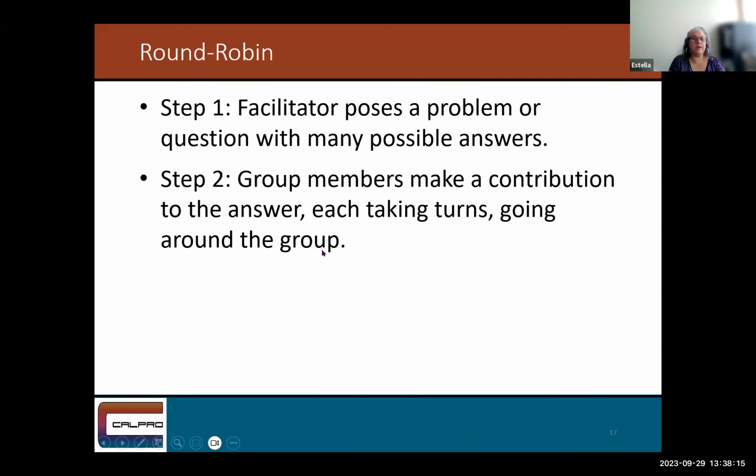So in the round robin, you're going to have a limited amount of time to identify different classroom jobs. You're going to have a manager, a facilitator, a recorder, and a presenter in your group. The manager's job is to make sure that your group has had an opportunity to generate ideas, right?